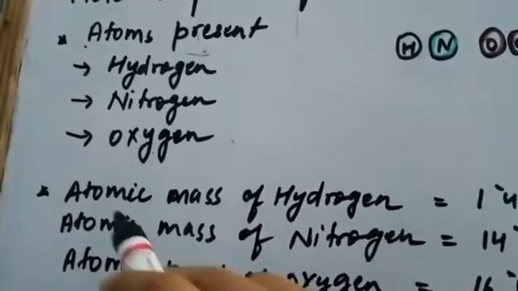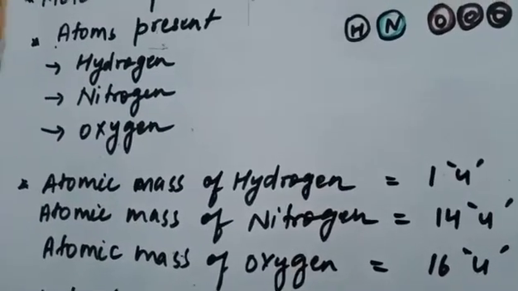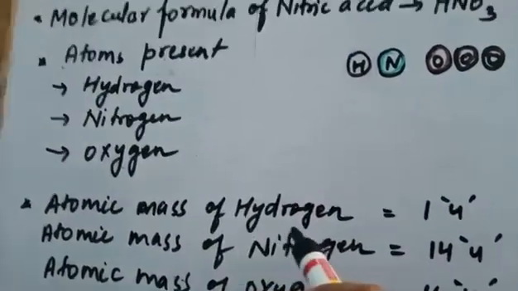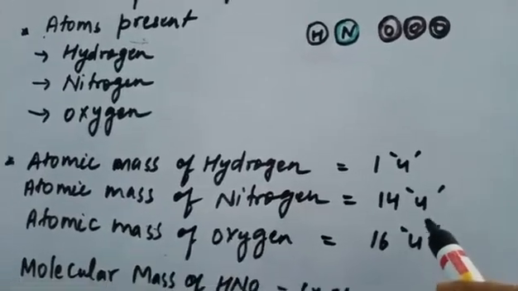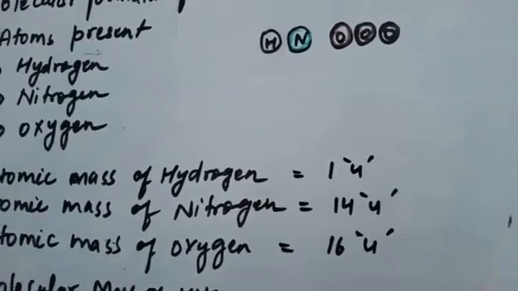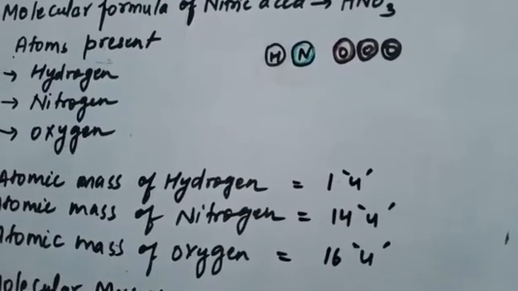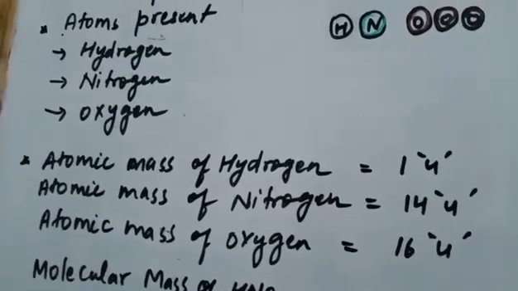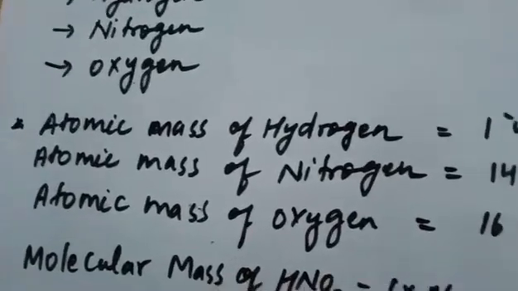We first find the atomic masses of the atoms present in HNO3. The atomic mass of hydrogen is 1 U, nitrogen is 14 U and oxygen is 16 U. Now we sum up the atomic masses to find the molecular mass of nitric acid.